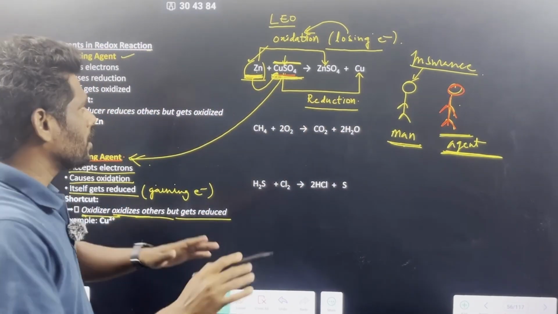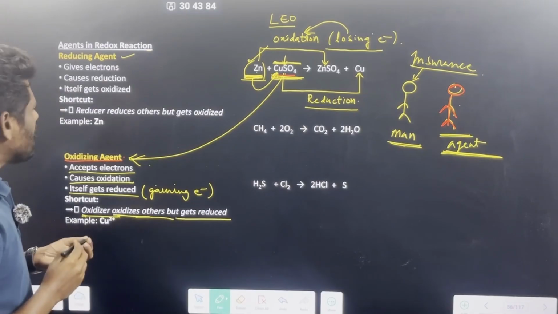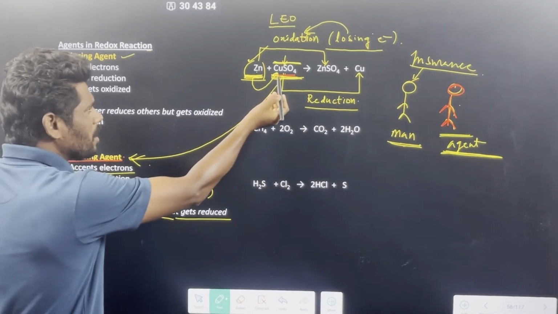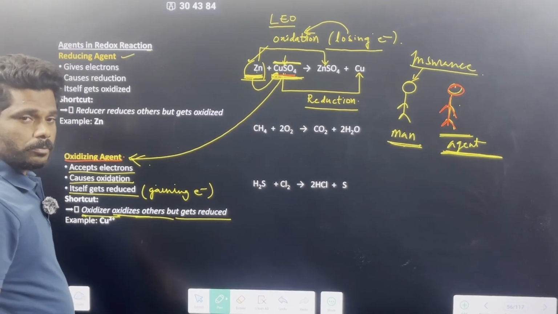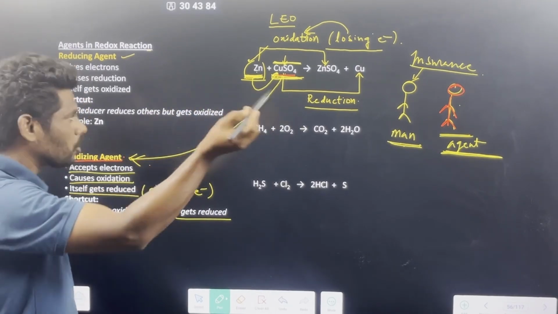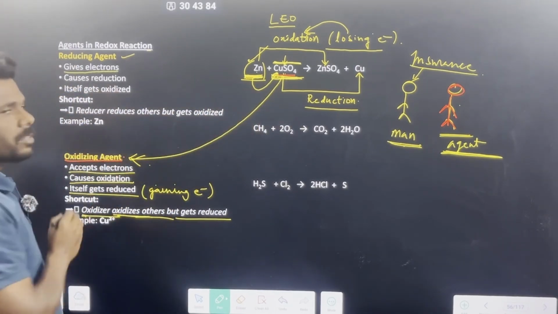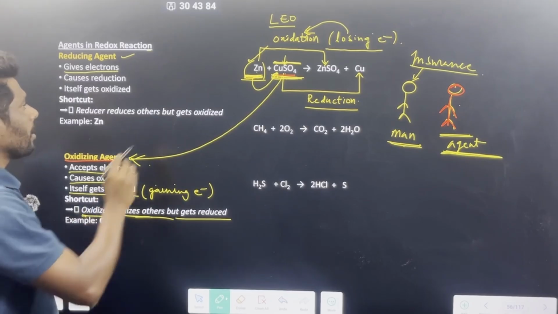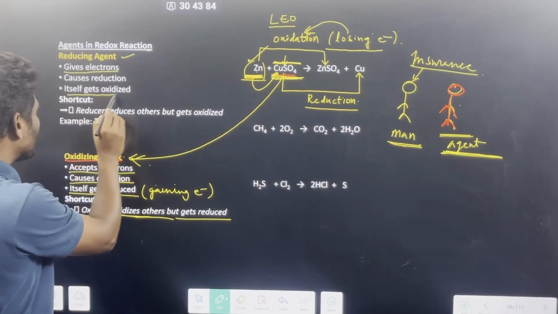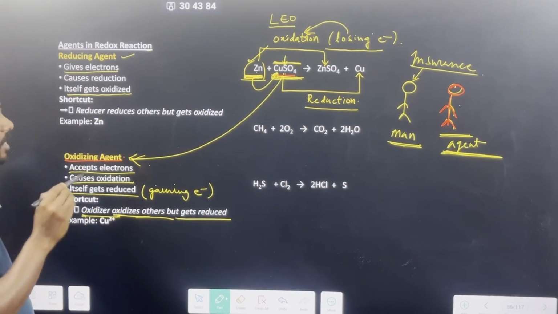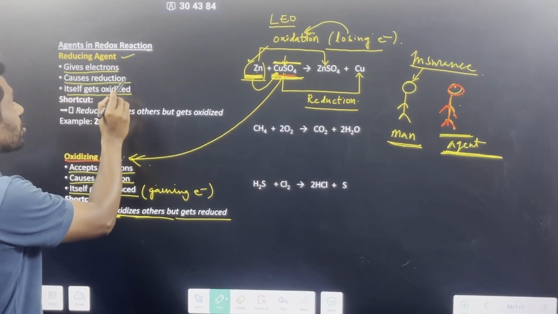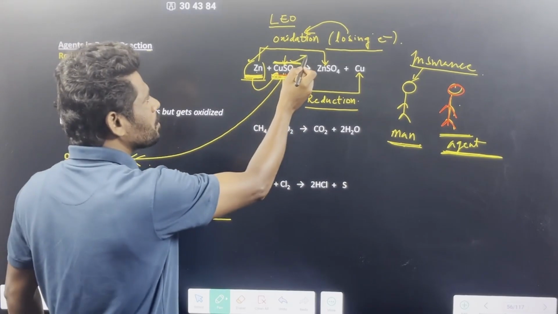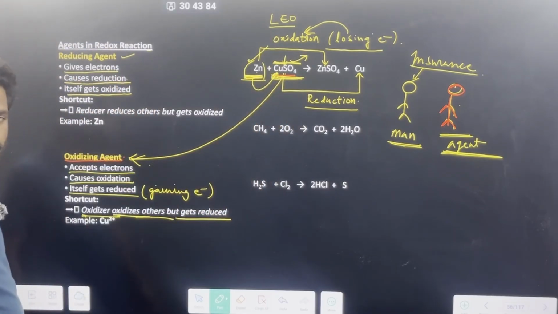The same happens with the zinc as well. Copper sulfate is undergoing reduction by taking the electrons. Who is giving the electrons? Zinc is giving the electrons. And the zinc is undergoing what? Oxidation. And it is causing the reduction of copper sulfate by giving electrons to it.